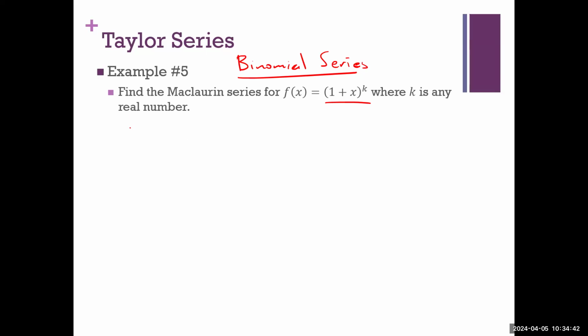So let's do it. How do we build a Maclaurin series? Coefficients. So let's get the first one. What is c naught? Probably simplify it more than that. Oh, just 1. Yeah, this becomes 1 to the power of k, just 1.